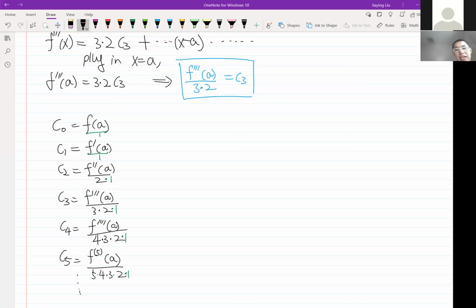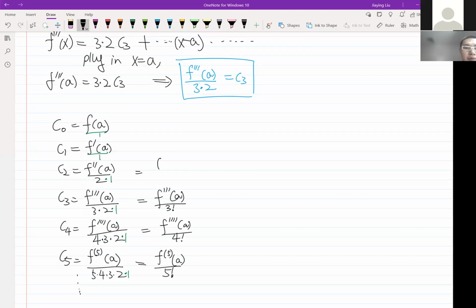So what's the benefit of adding the 1 in the denominator to multiply with the rest? Well, that just gives the denominator a factorial. For example, C5 will become the fifth derivative of f at a divided by 5 factorial. C4 will be the fourth derivative with a as input divided by 4 factorial. C3 will be the third derivative at a divided by 3 factorial.